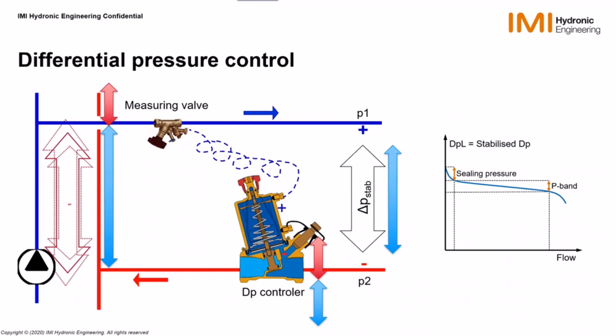And these are two essential parameters: the P band, which cannot be too narrow, otherwise it would not be stable, but not too wide either, it's important, and we know that some differential pressure controllers on the market are absolutely disasters in terms of P band.